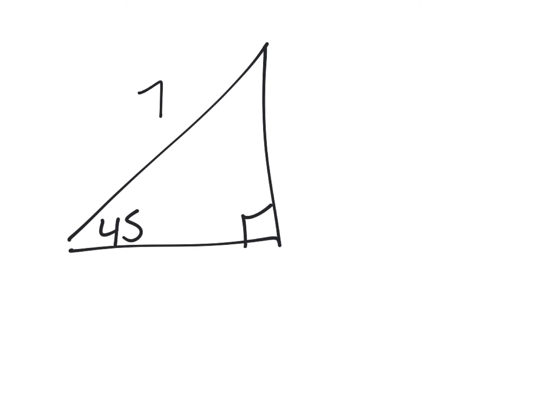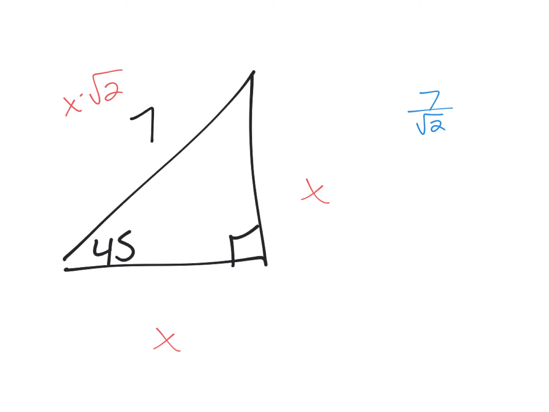Now, here's the hardest level one. I don't know if you'll see very many of these in your homework today, but I'm going to do it anyway. So again, how do you get from the hypotenuse to the leg? I'll label it so it helps a little bit. You divide that by the square root of 2. We need to get that square root of 2 out of the denominator, because if you remember back to our rules, you cannot leave a square root in the denominator.